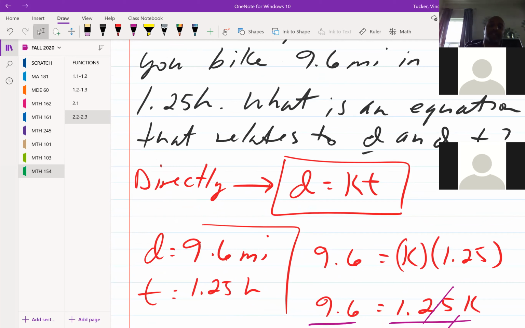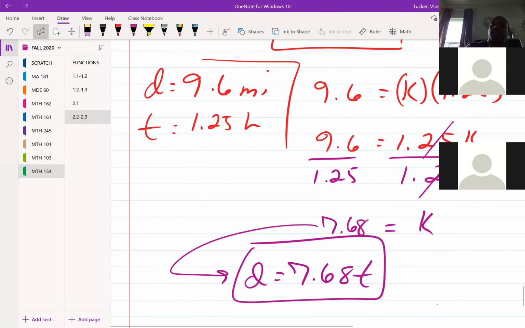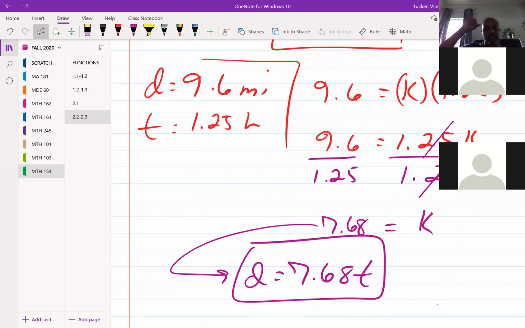And 9.6 is d, 1.25 is t, so I'll plug them in accordingly. Solve for k by dividing by 1.25 on both sides. K is equal to 7.68. And so now plug k into the relationship. That's going to be d equal to 7.68t.